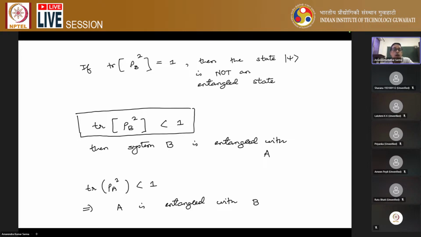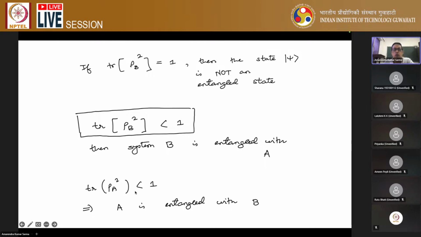You just have to calculate the trace of rho squared for system A and system B. When you take the reduced density matrix rho B, calculate rho B squared and take the trace, if it is less than 1, that means system B is in a mixed state, and that means system B is entangled with system A. Similar is the case with system A as well.